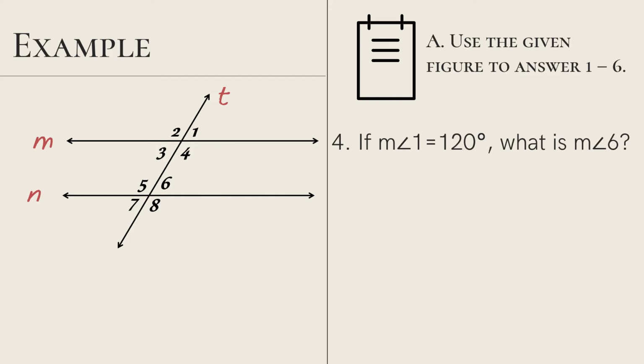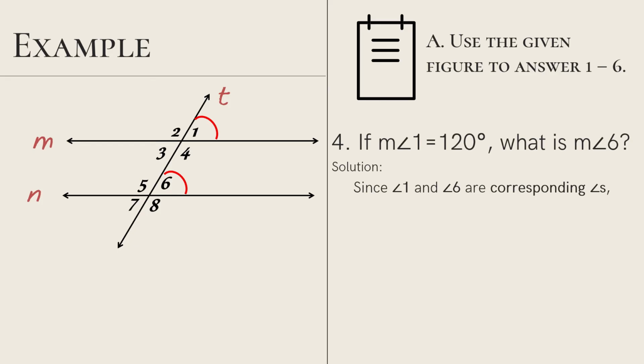If the measure of angle 1 is equal to 120 degrees, what is the measure of angle 6? Again, can you identify the relationship between angle 1 and angle 6? That is right. Angle 1 and angle 6 are corresponding angles.